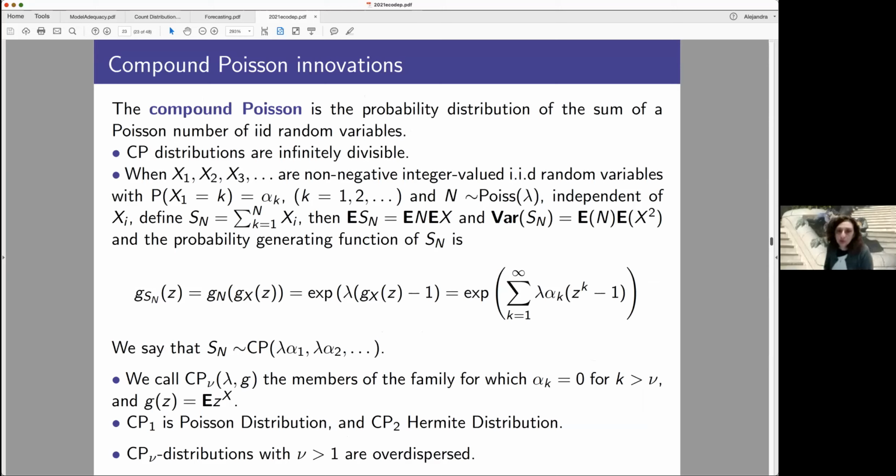The compound Poisson family is essentially the distribution of the sum of a Poisson number of independent random variables, in this case count random variables. Compound Poissons are, by definition, an infinitely divisible family. And we are going to work with the self-decomposable distributions.